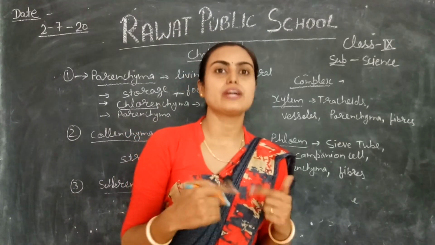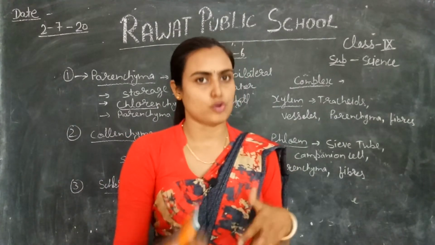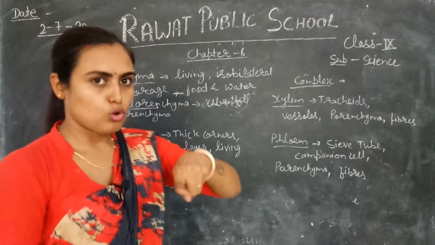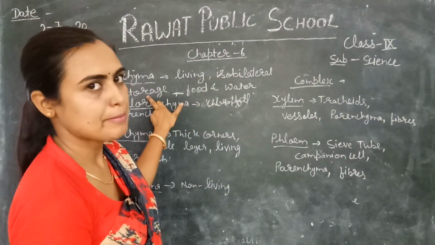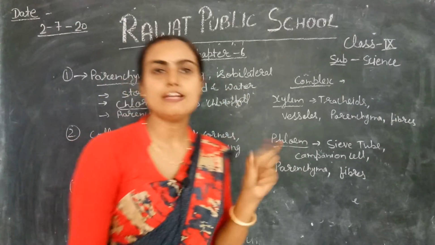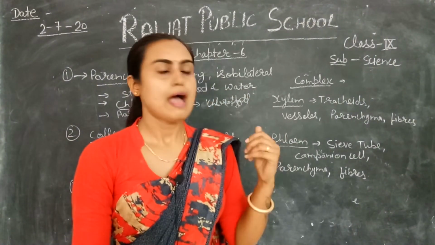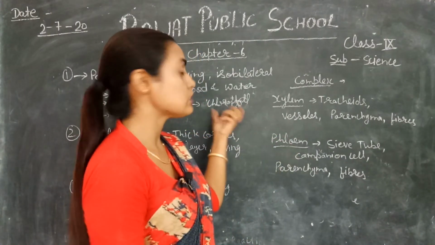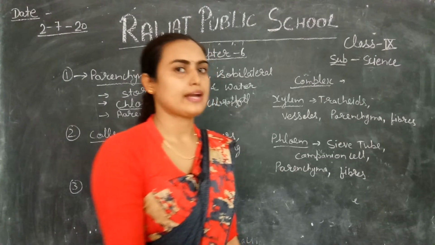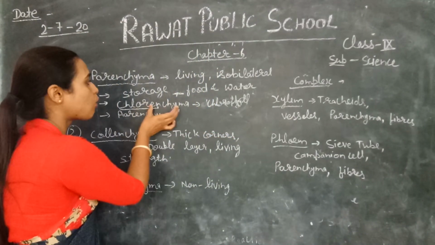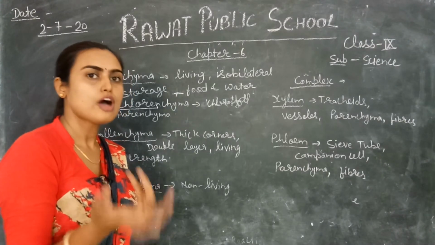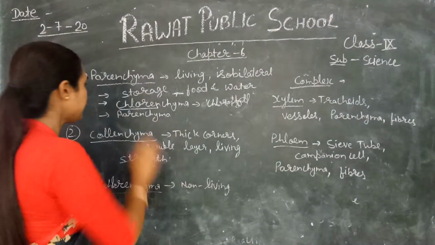That's why the plant appears green in color, and it performs photosynthesis because of this pigment, right? I told you that parenchymatous cells only store water and food. But in a few parts of the plant, parenchyma also stores the chlorophyll pigment, and that kind of parenchymatous tissue we call chlorenchyma.